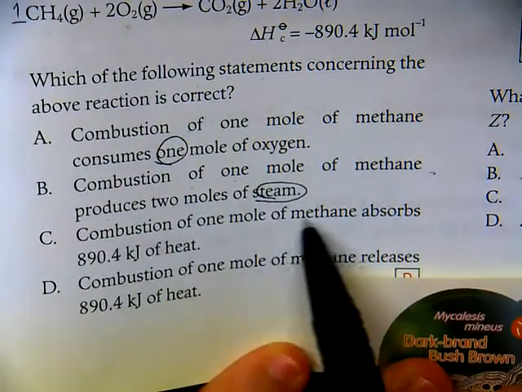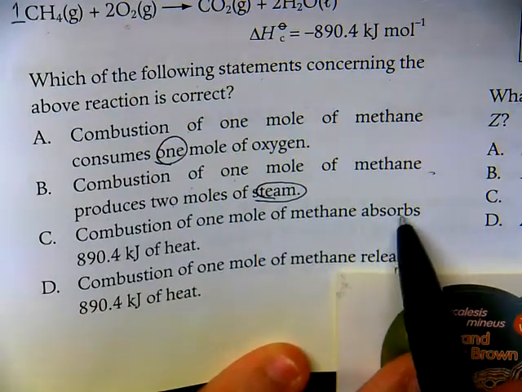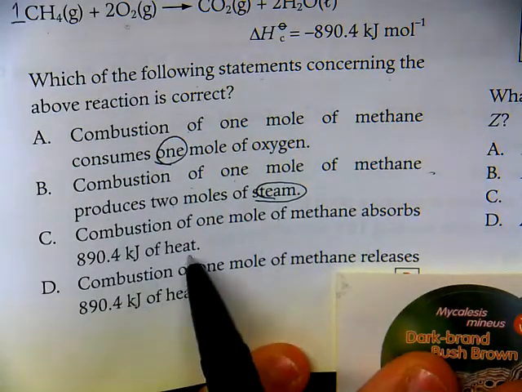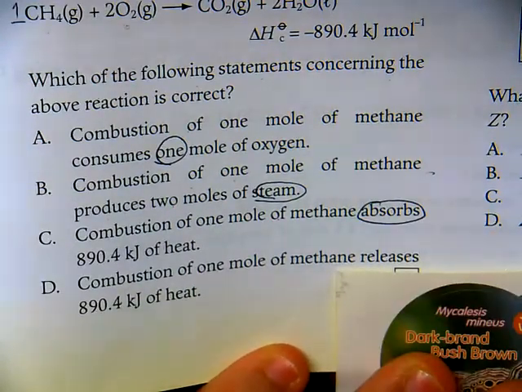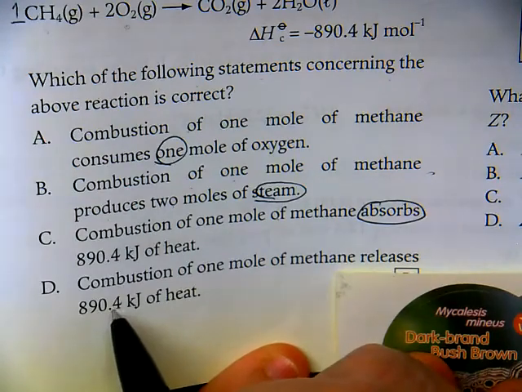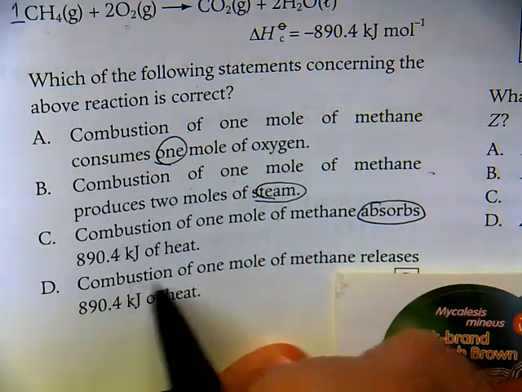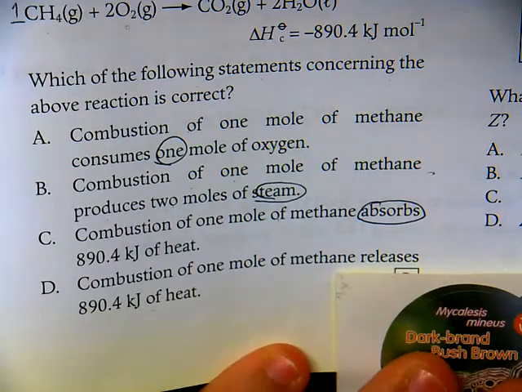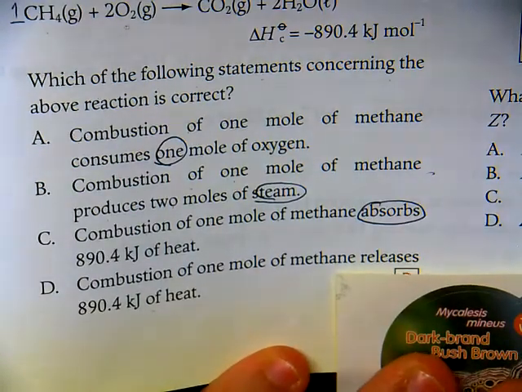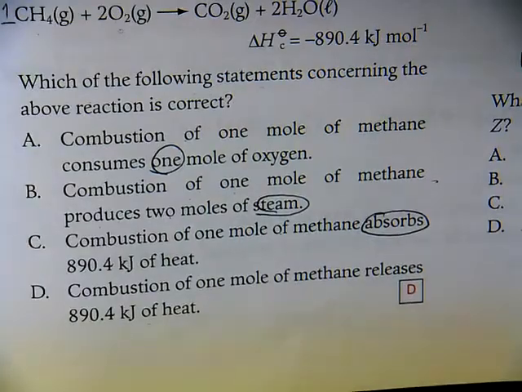Combustion of 1 mole of methane absorbs heat. Again, it's wrong, not absorb. It should be released because it has a negative value. Therefore, the answer obviously is D. Combustion of 1 mole of methane releases heat. Is correct. Understand?